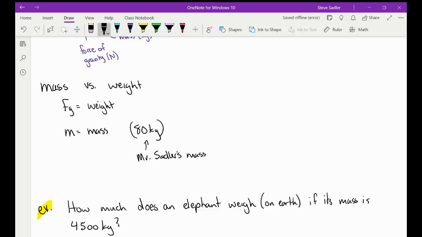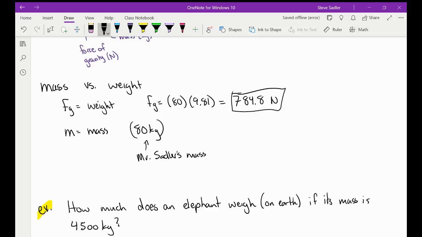Well, that's the wrong way to ask that, because in order for me to find out how much I weigh, I need to take that 80 and multiply it by 9.81. I don't have my calculator handy. Here it is. 80 multiplied by 9.81 puts my weight at 784.8 newtons. So now when people ask how much I weigh, I can say I weigh 784.8 newtons, or 785 newtons.